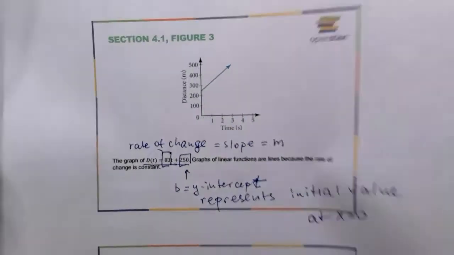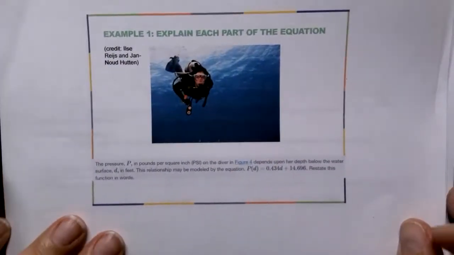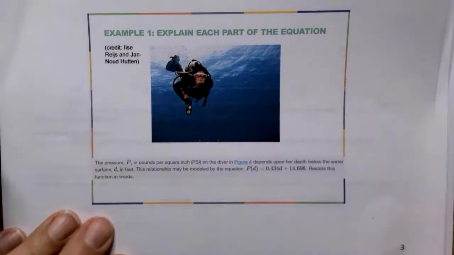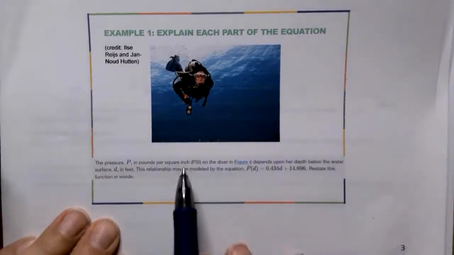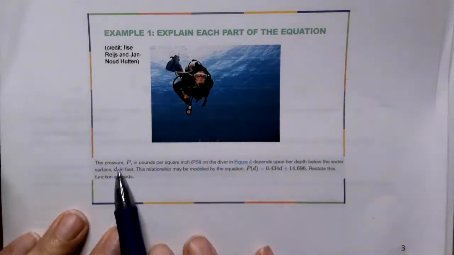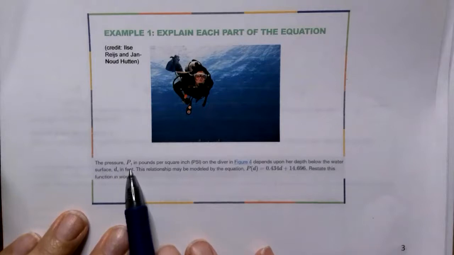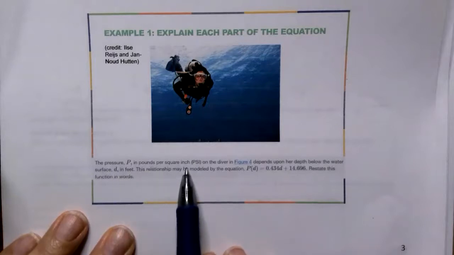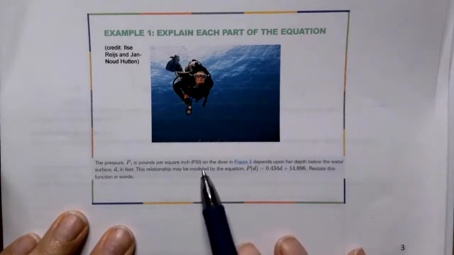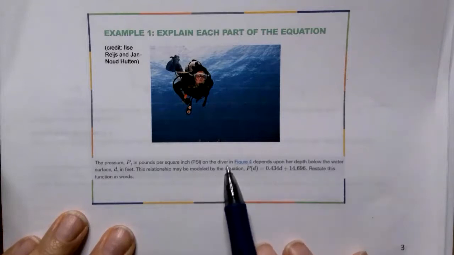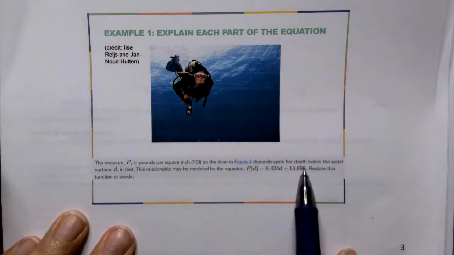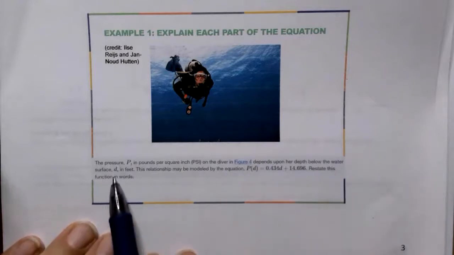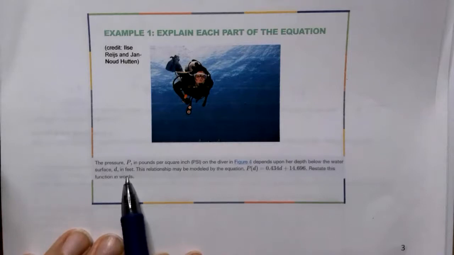Okay, and one more way to describe our function is just to give the equation straight. So here it says the pressure P in pounds per square inch, PSI, on the diver, depends upon her depth below the water surface, D, in feet.